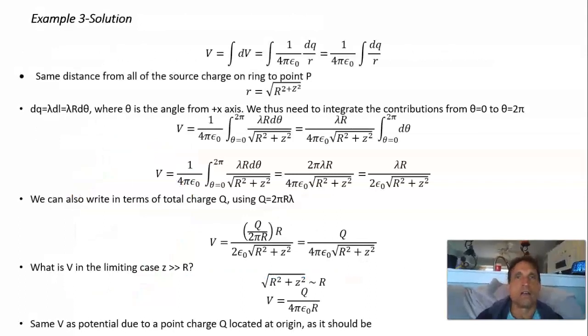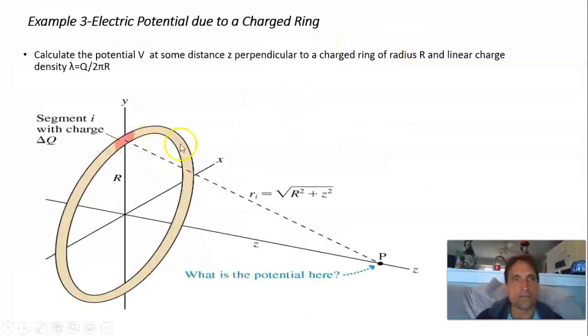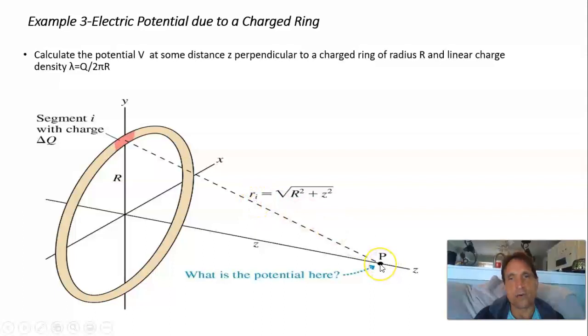So what we need to do is set the problem up. For each little element of charge along the ring, we need to calculate dq, and we need to calculate the distance of that little increment to the evaluation point. Now for this problem, it's easy because all of the points on the ring are the same distance, big R, to this point P where we're trying to calculate the potential.